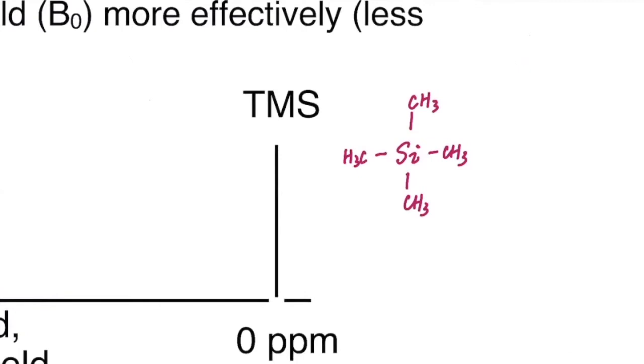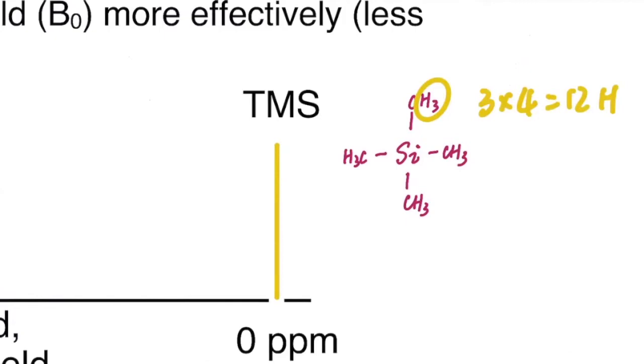The reason we choose this one as an example is because it is really stable. There are 3 hydrogens on each carbon, and 3 times 4 equals 12 hydrogens, which means this peak is going to be really strong because I have 12 hydrogens.